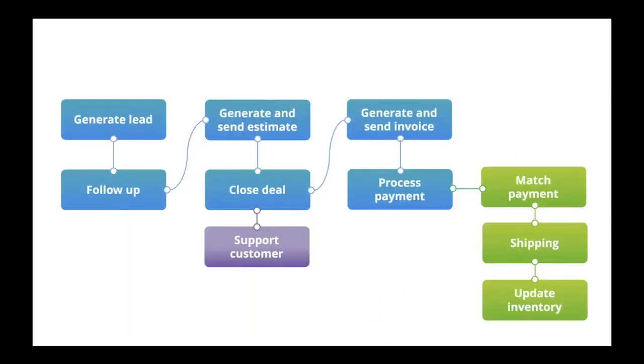Now, adding this even further, I mentioned that we have our accounting system. Obviously, once you've received a payment, you can match the payments to the invoice and do your basic record keeping. You can manage and process the order, which includes integrating with shipping carriers like FedEx, UPS, and DHL.